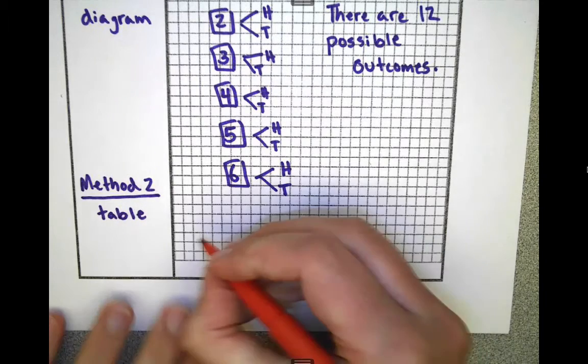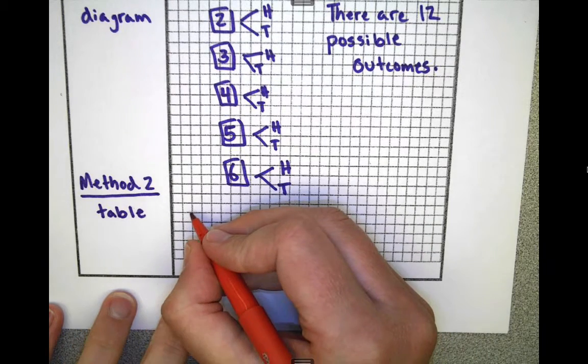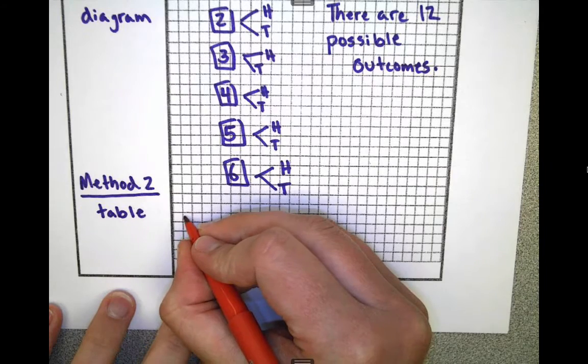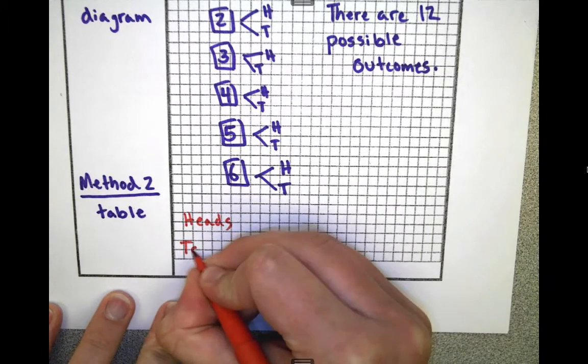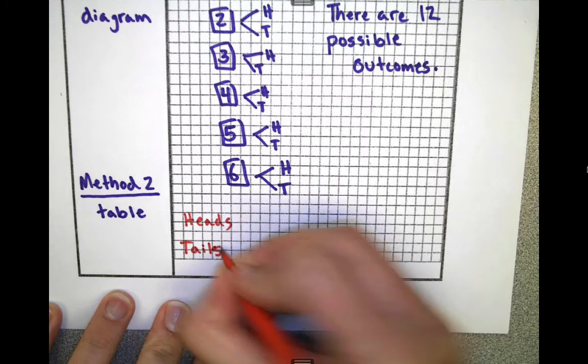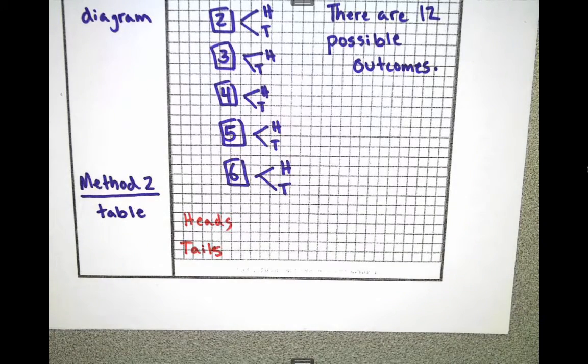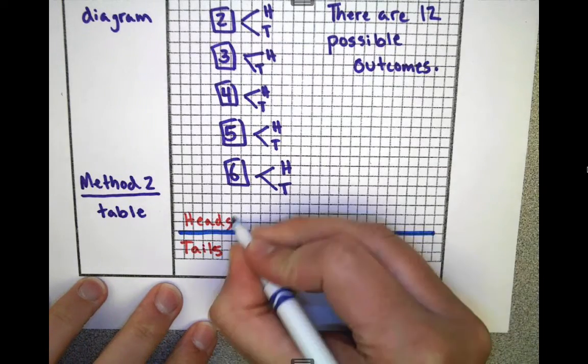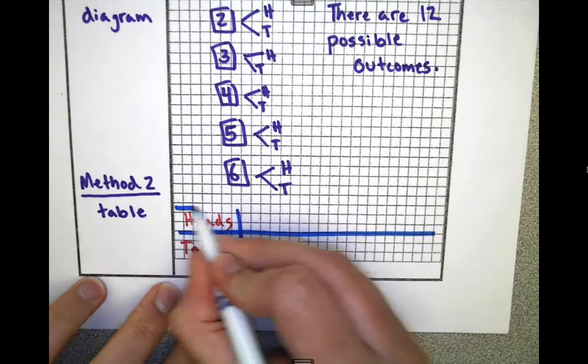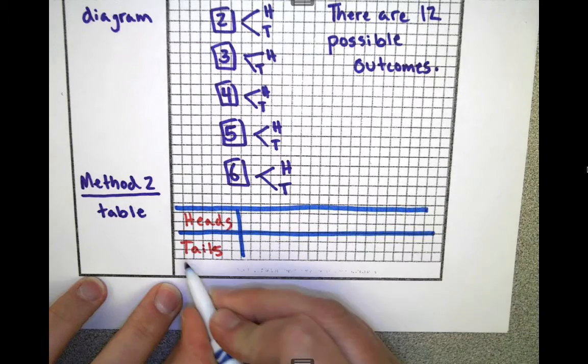And here's my table. It's going to be pretty simple. I flip my quarter and I either get heads or I get tails. Those are my two choices. So what I'm going to do is split heads and tails down the middle to make my table, kind of like this.